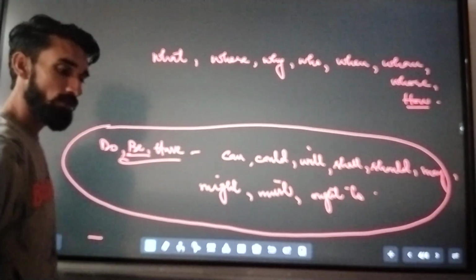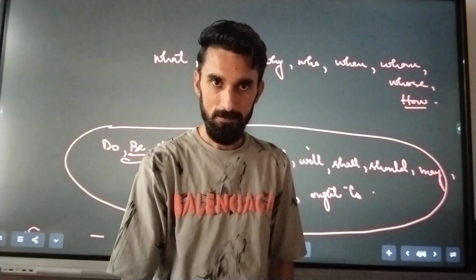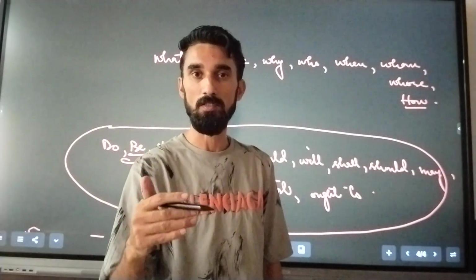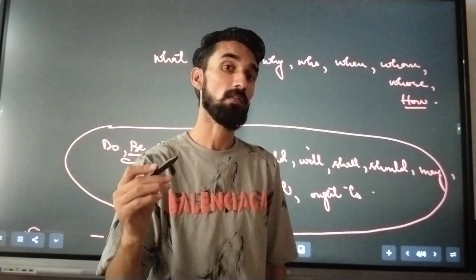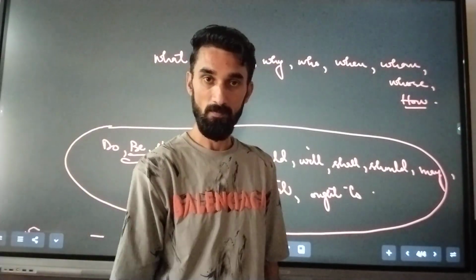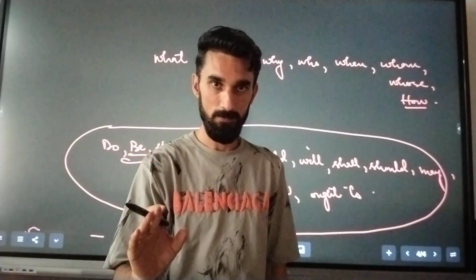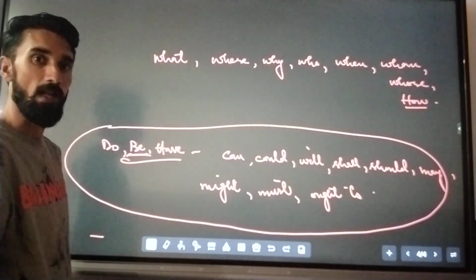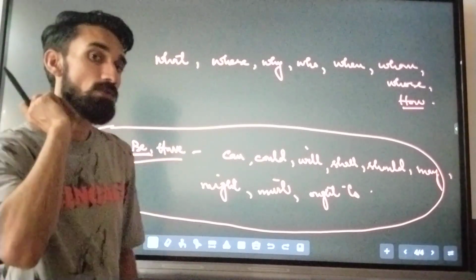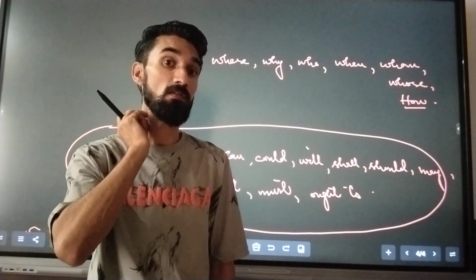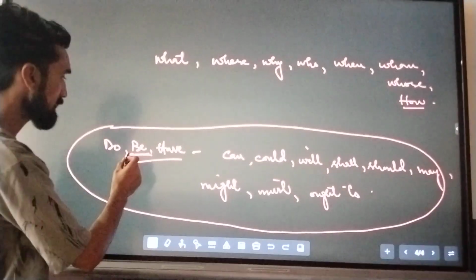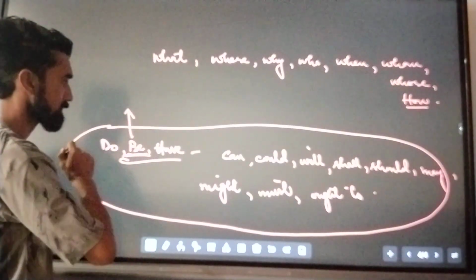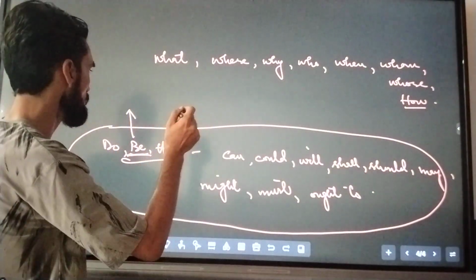Remember this. Usually, how many forms of verbs do you have? You have 3 forms of verbs. The first one is present, second is past, the third is past participle. But you have just one verb, though it is a helping verb, that somewhere in some sentences is used as a main verb too. So this is the only verb which has 8 forms. I have told you about it in the previous classes also.